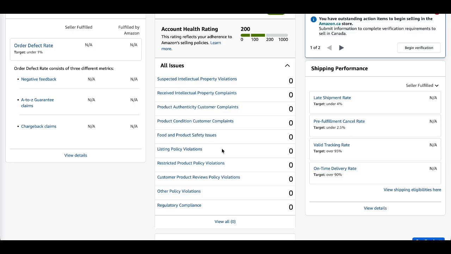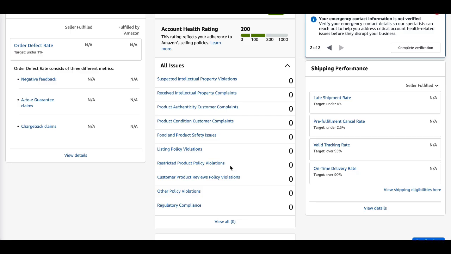Like you are using something that is not allowed in the bullet points, you are not following the guidelines that Amazon has given regarding the listing policy. Then you will have to fix each of those listing policy violations by taking that material out of your listings.